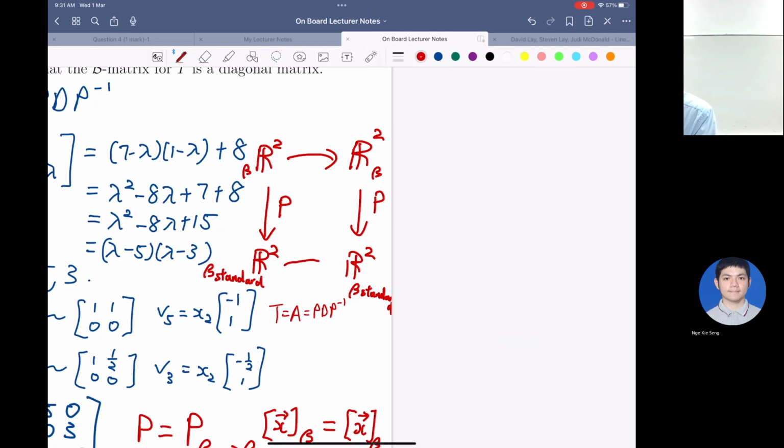Every time we do between Rn is this part here, between B standard. If we manage to change our basis to B, then we can replace the T with a D matrix. So this is a diagonal matrix.